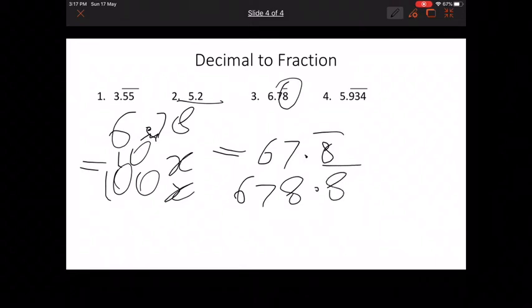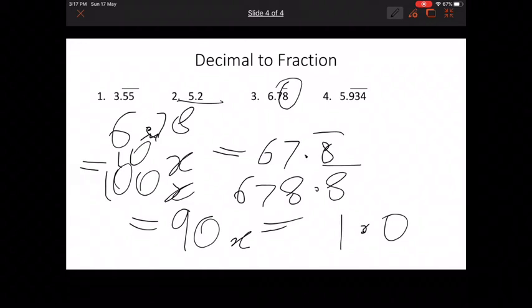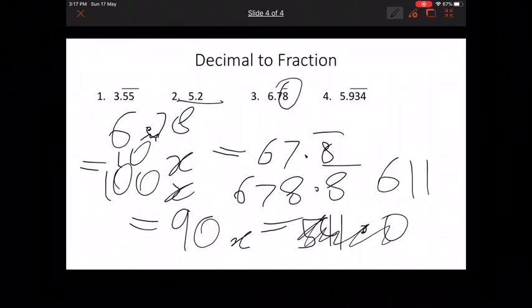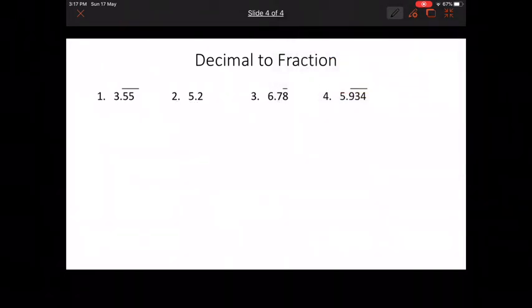Then you just have to subtract this from this, which would give us 90x is equal to 611. Yeah, 611 divided by 90. If you have to simplify this, you can simplify this.